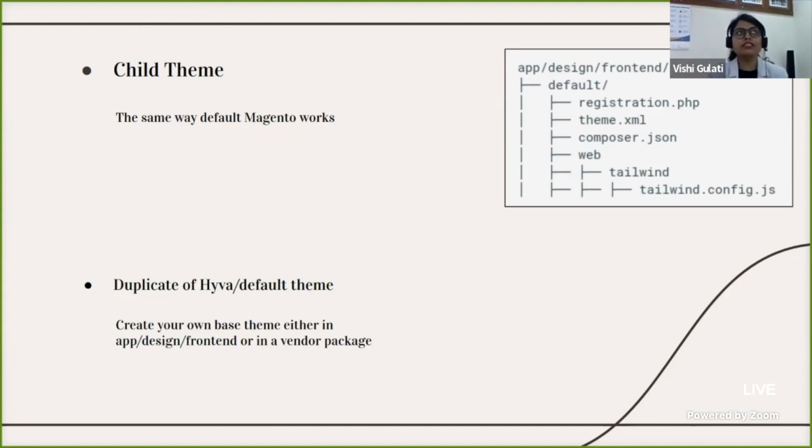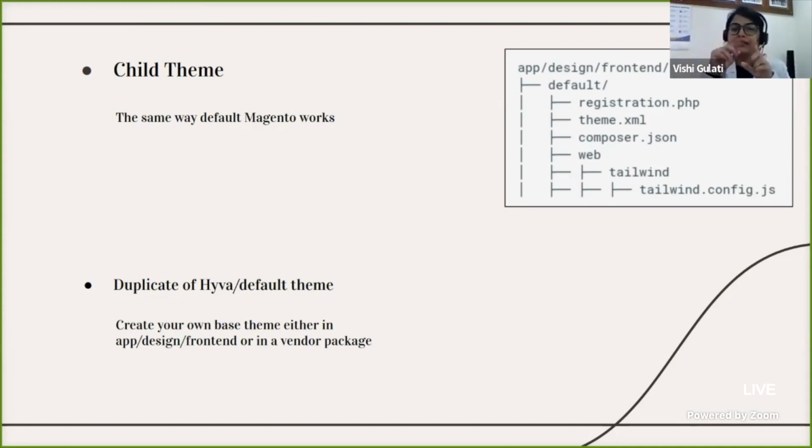And if you have decided to create a child theme, you can create it in the same way you were doing earlier with Magento. You don't need to change anything. The new part is that you need to copy the web folder of your Hyvä default and paste it in your child theme.